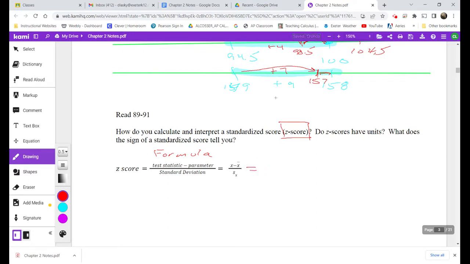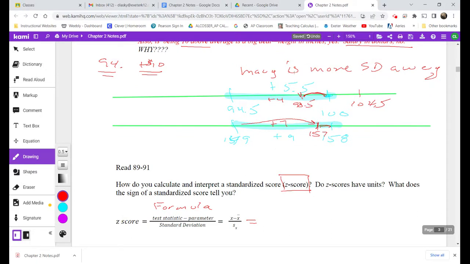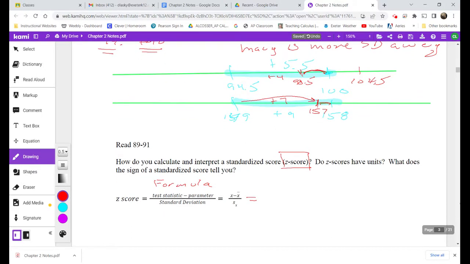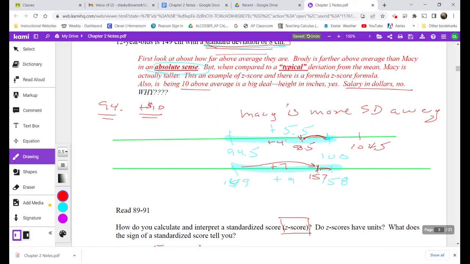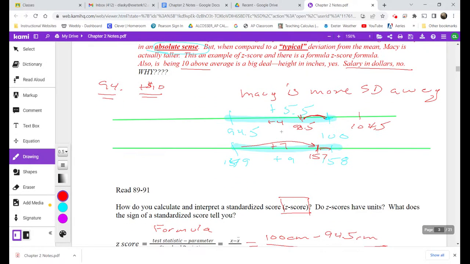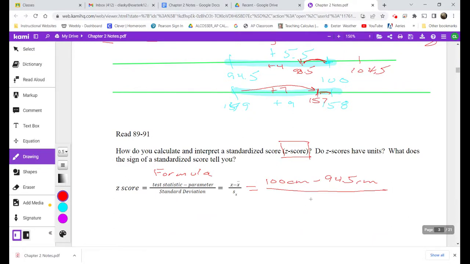So let's just talk about Macy. Macy is 100 centimeters, right? And we know the average is 94.5 centimeters. We know that the standard deviation always has the same units, and the standard deviation for them was 4 centimeters.